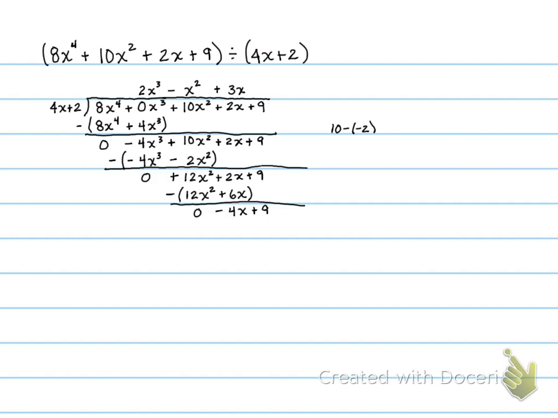So what's my last term going to be up top? Negative x squared. So I'm looking for what I need to multiply 4x by to get negative 4x. Negative 1, right?